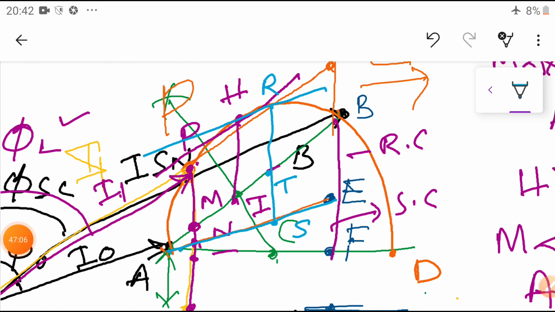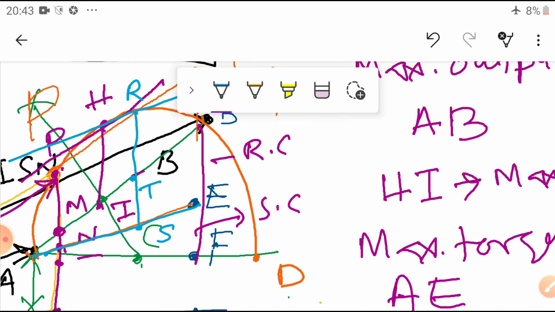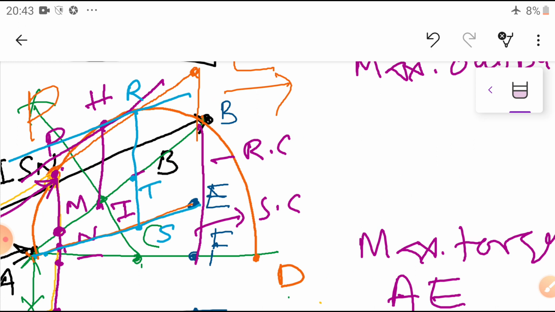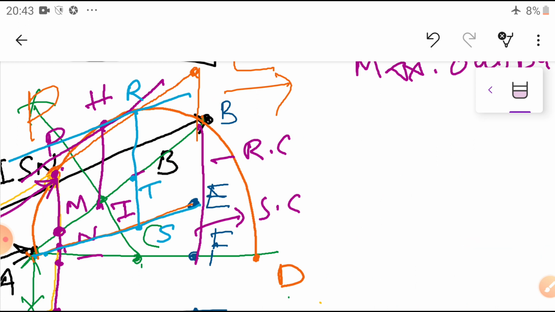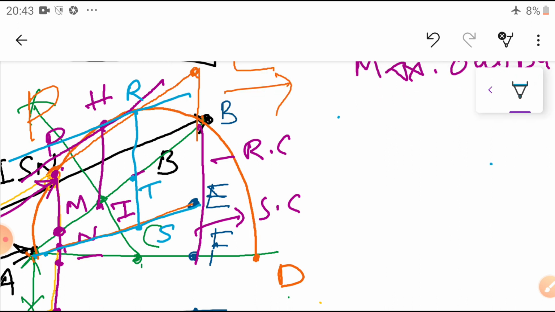Now, what is the maximum torque? Here, the maximum torque is equal to the length of the maximum torque, which is equal to, what is the distance?